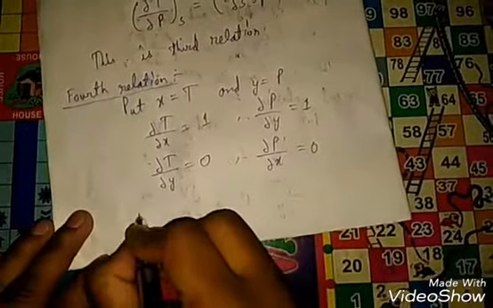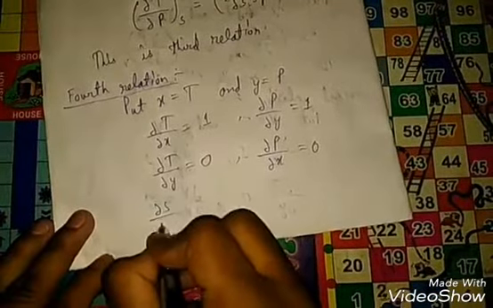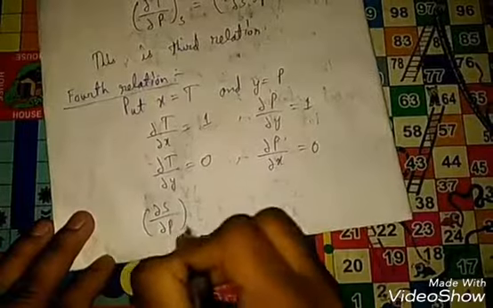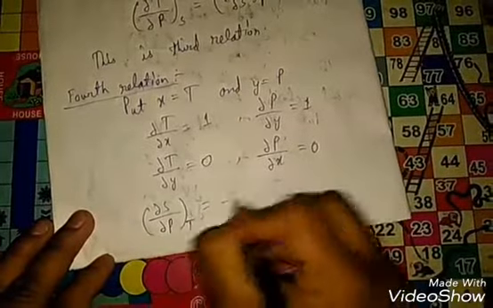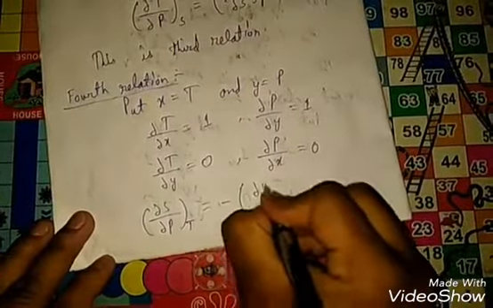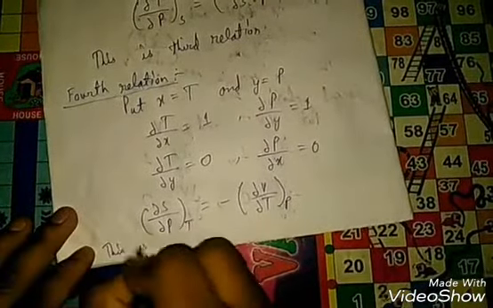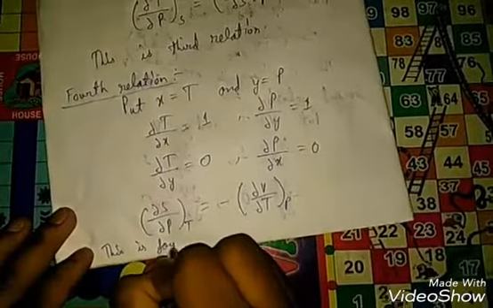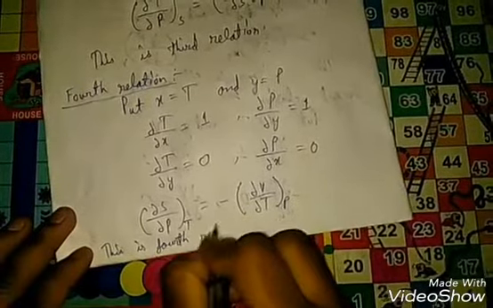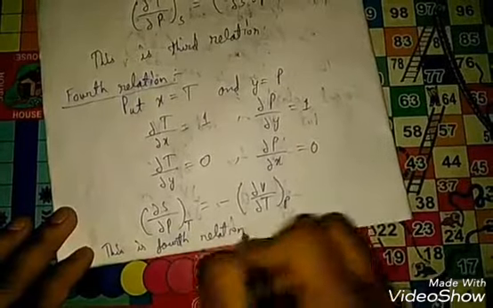Now putting this, we get del s by del p, keeping t constant, is equal to minus of del v by del t, keeping p constant. This is the fourth relation, or fourth Maxwell's relation.